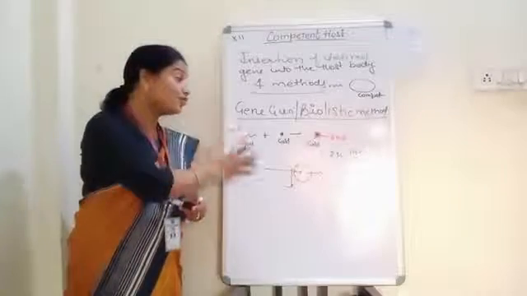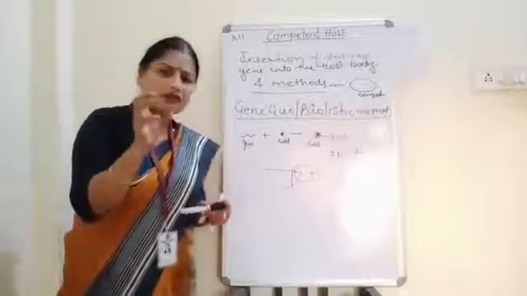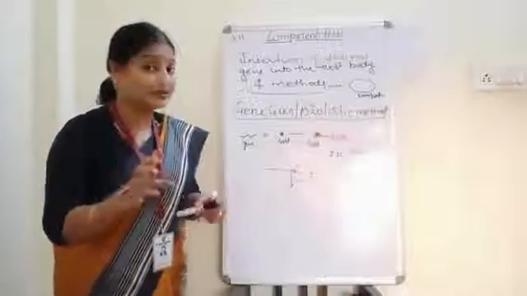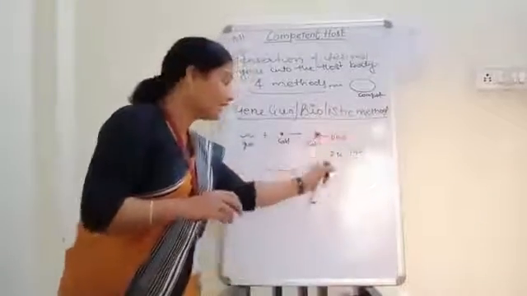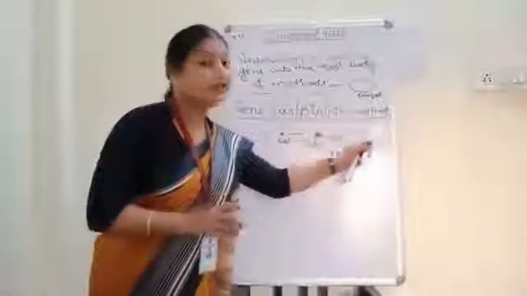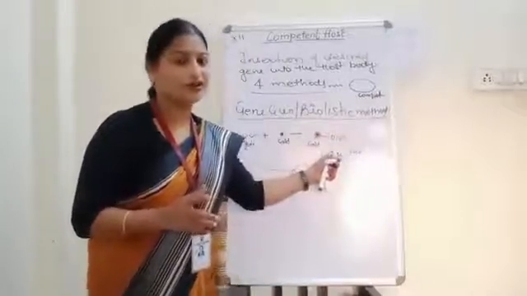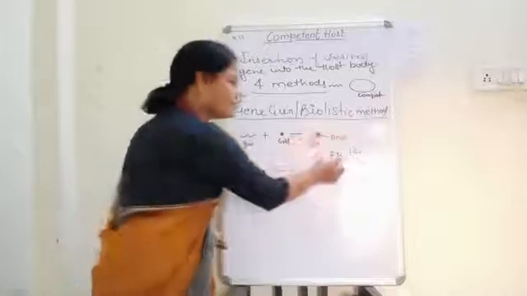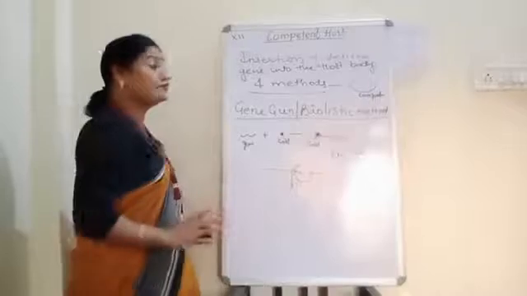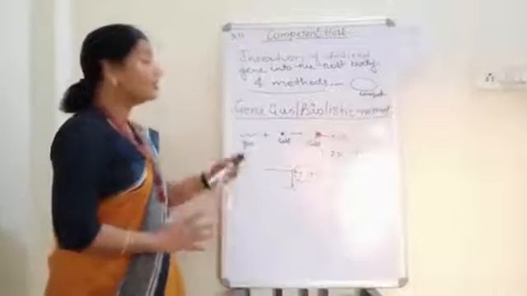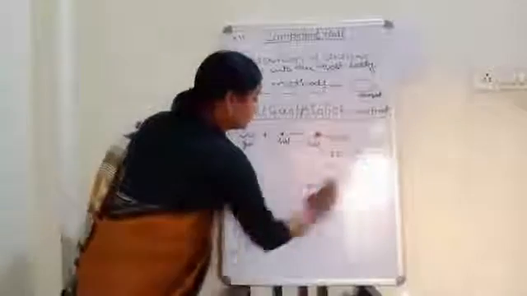So, while doing this gene gun or biolistic method, we have to be very careful. We have to be very precise with the size as well as the speed. If the size is this, then definitely the speed should be 1400 feet per second. And we cannot increase or decrease the size. The size should be 1 or 2 micron. Okay, so this is our second important term, that is called the gene gun or biolistic method. The third is electroporation.